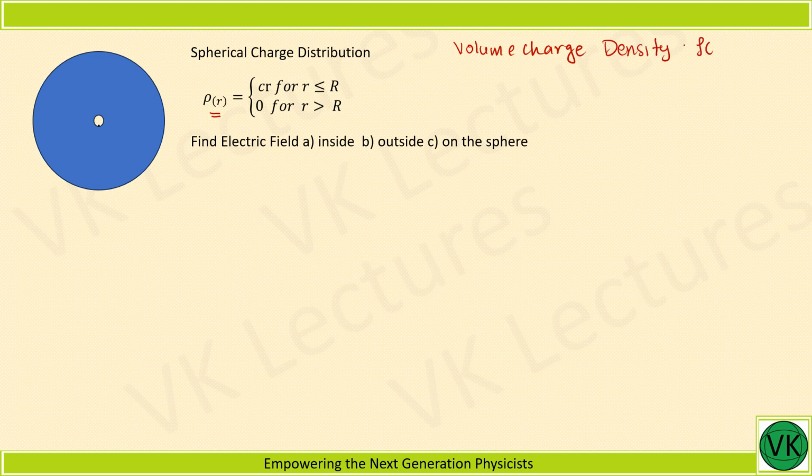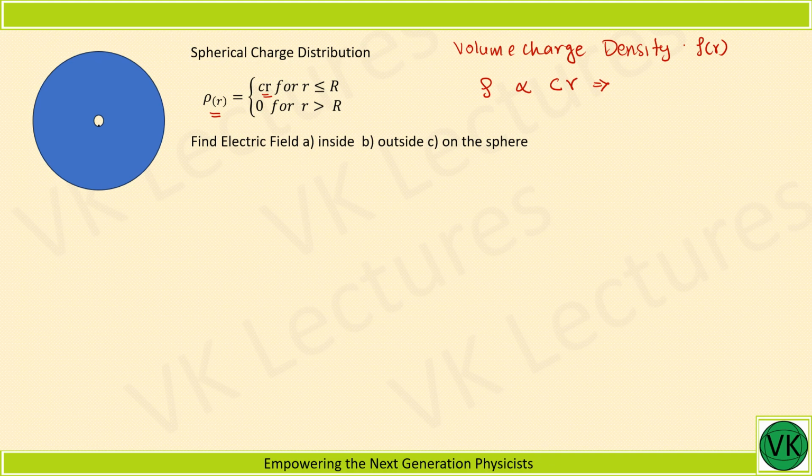Unlike the uniform charge distribution, here rho of r is equal to cr. That means rho is proportional to r, as this is a non-uniform charge distribution.